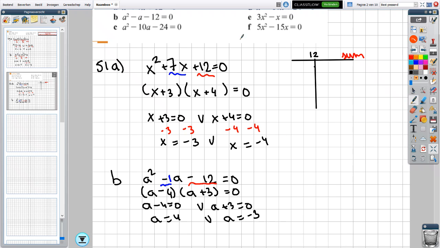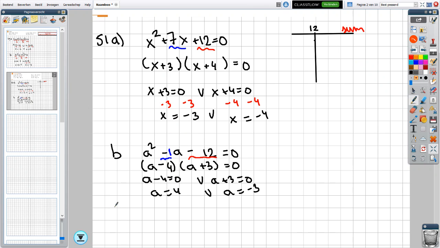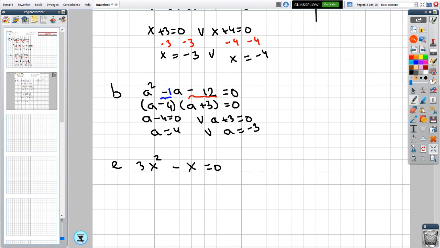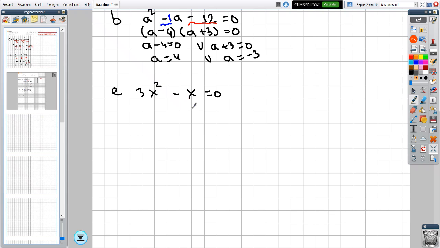I want to show you one more. I'm going to show you e, which is going to be 3x squared minus x equals 0. Here I cannot use the product sum method because I don't have a number here, right? So I cannot use it. It's not accessible to us.